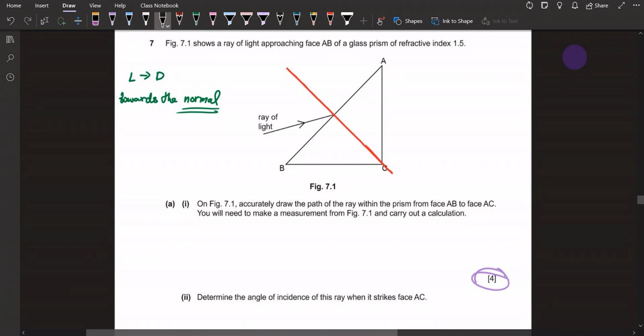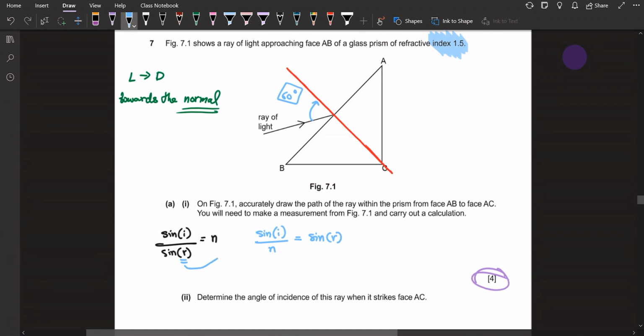For finding the angle of refraction, we use the formula sine I divided by sine R equals the refractive index. Refractive index in this case is 1.5. So we can first measure the angle of incidence from the normal, which is going to be 60 degrees, and we can now rearrange our formula to find R. When we rearrange our formula, we get sine I divided by n equals sine R.